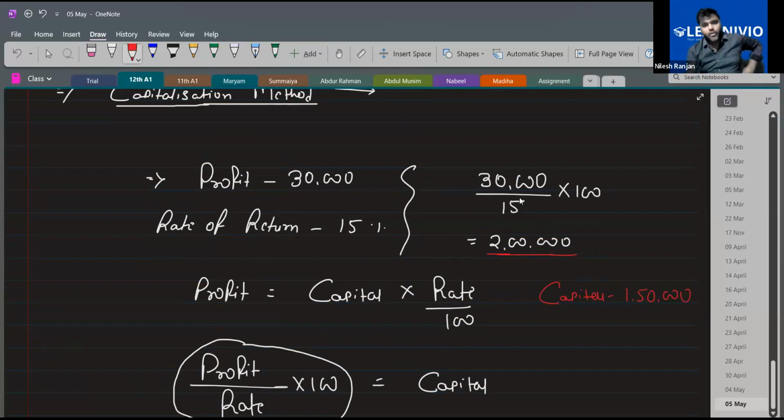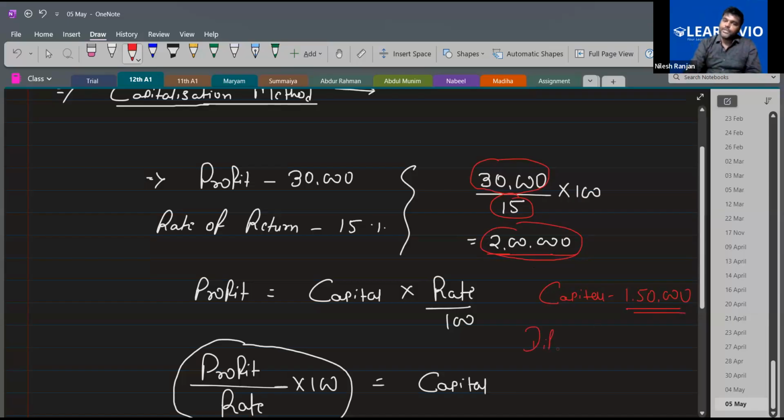So according to the rate and profit, your capital should be 2 lakh, but you have only invested 150. So you have invested 150 and you are earning equal to 2 lakh. So that is the difference. Difference is 50,000.